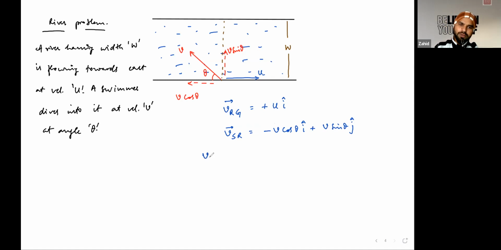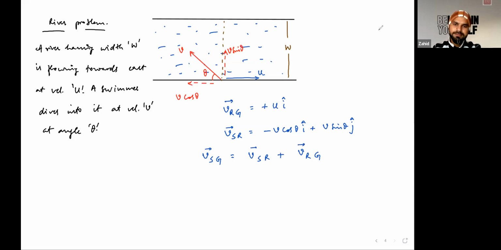Now, velocity of swimmer with respect to ground we have to calculate. So it will be velocity of swimmer with respect to river plus velocity of river with respect to ground. Since the reference points of these two terms are reversed, there will be a positive sign in between.